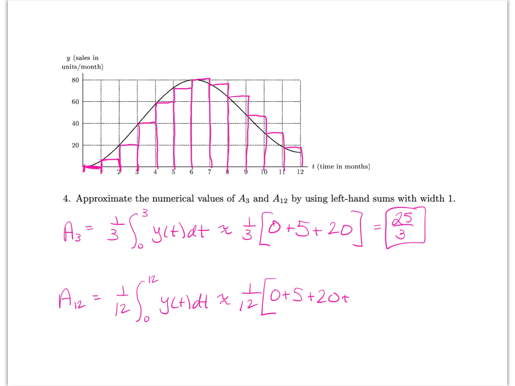And it looks like those heights are, this one looks like it's about 40, and then about 60. They're doing real rough estimates here. And then this one might be 75 and 80 and 78.